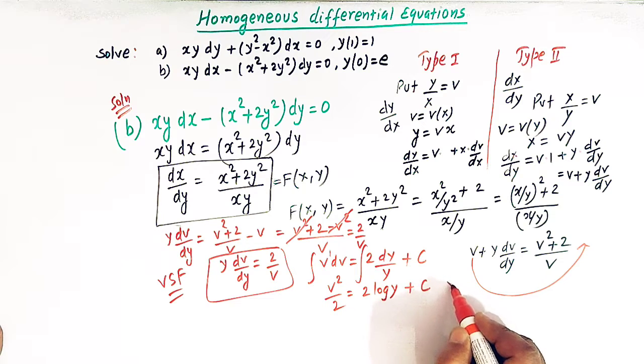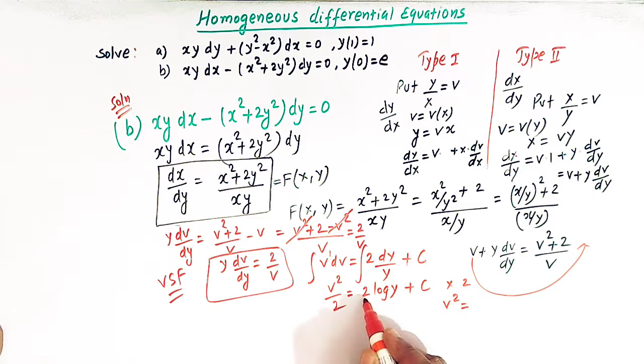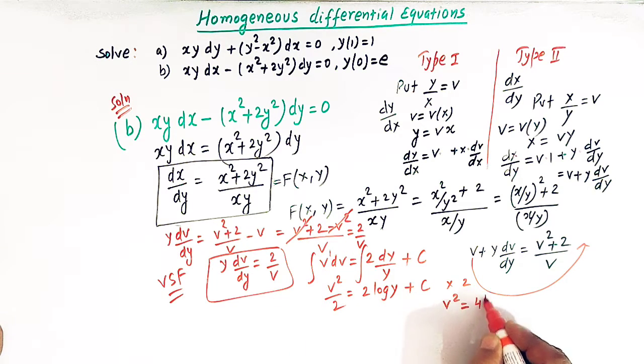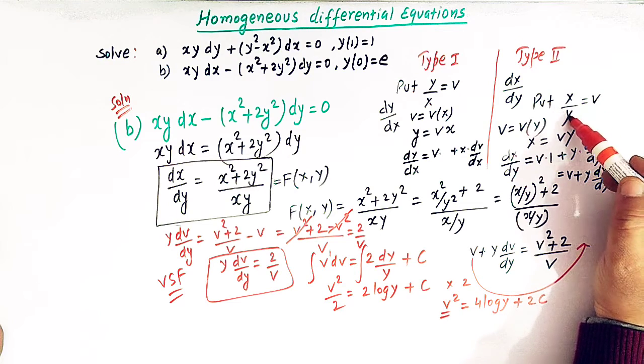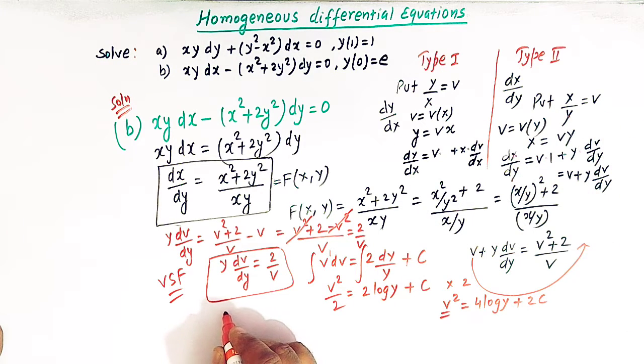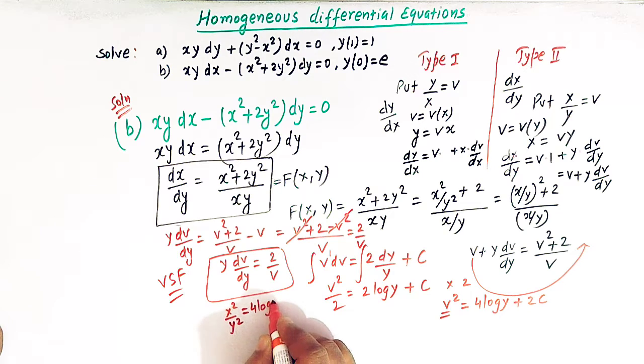Now multiplying this equation throughout by 2, we have simply v square equals 4 times log of y plus 2c. Now let us replace this v by x over y. So we have x square over y square is equal to 4 times log of y plus 2c.